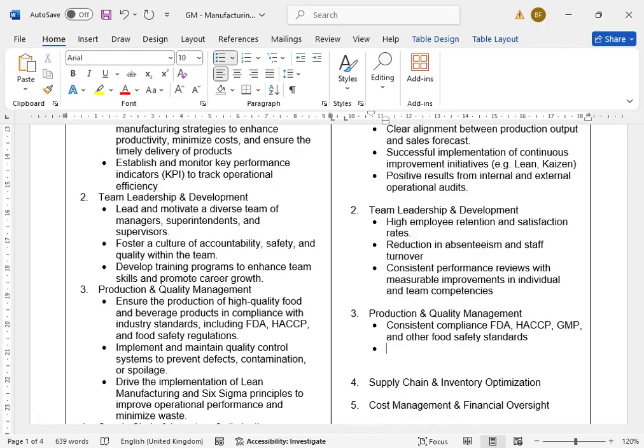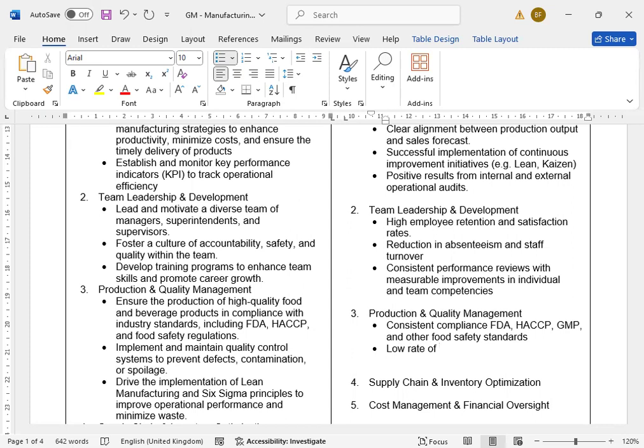Okay, what other success indicators? So number three, low rate of product recalls. Remember the sample that I gave you earlier about the recalls of some cheese.